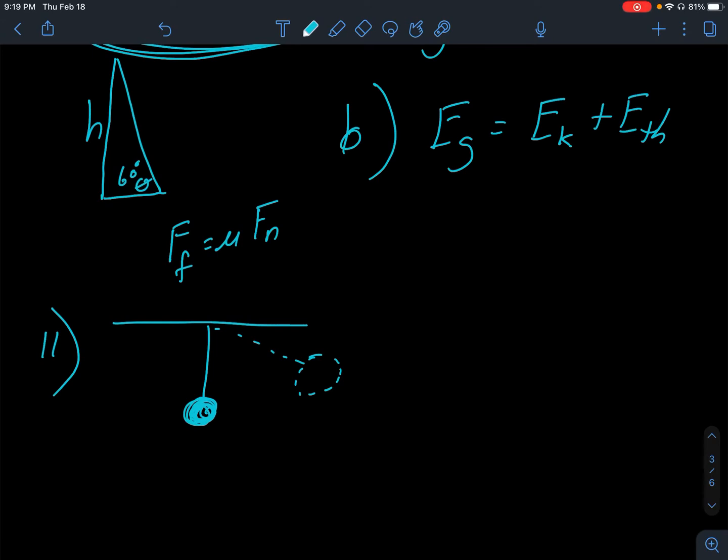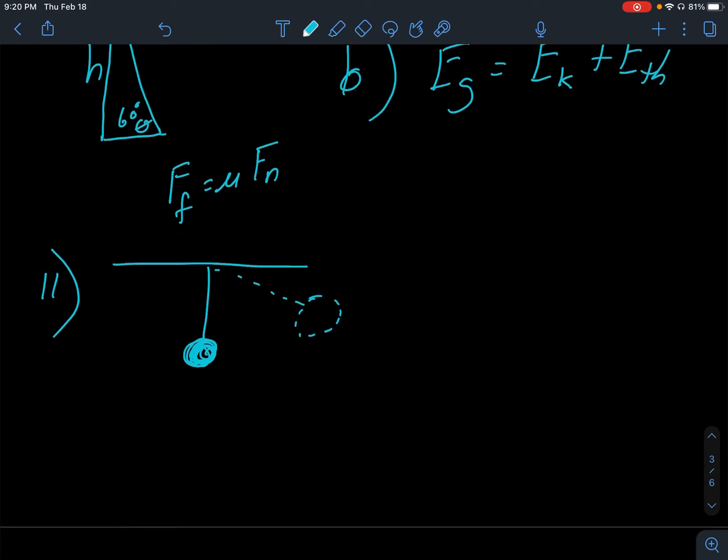Imagine the playground swings, but you're not allowed to kick your feet and move your body so that you can go back and forth. It's like having a little kid, a baby or toddler, and you pull them back and you let them go. That's basically a pendulum. So it says analyze the motion of a simple swinging pendulum in terms of energy. Ignore friction. So part A, no friction.